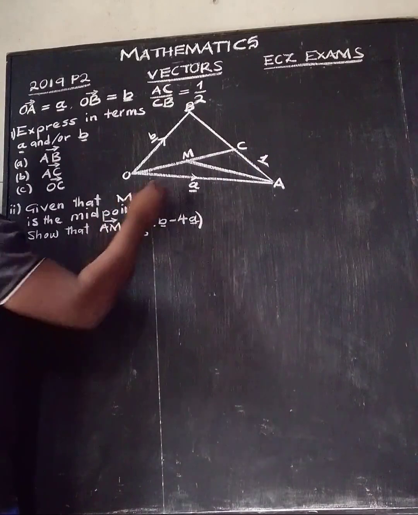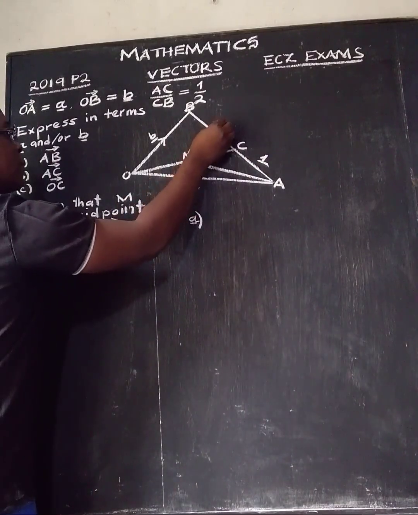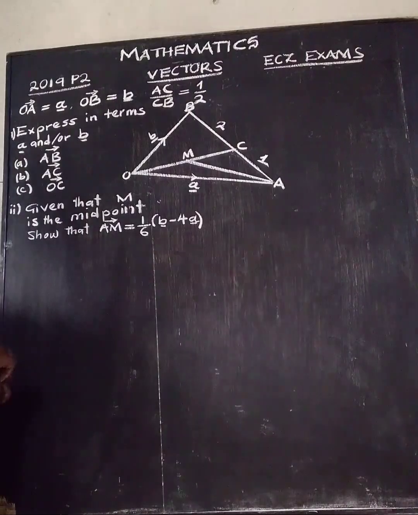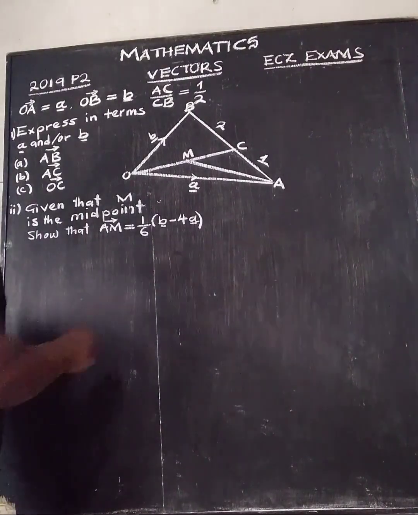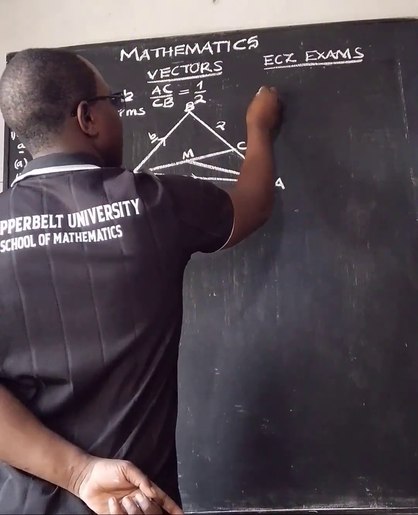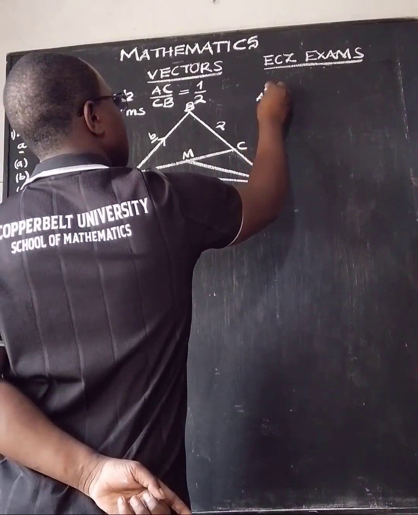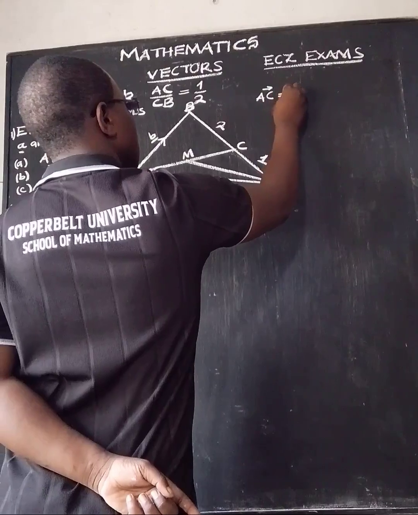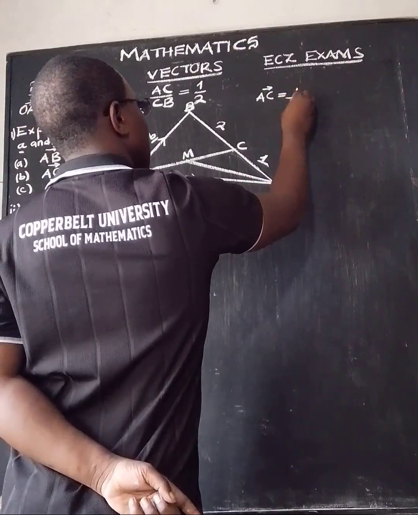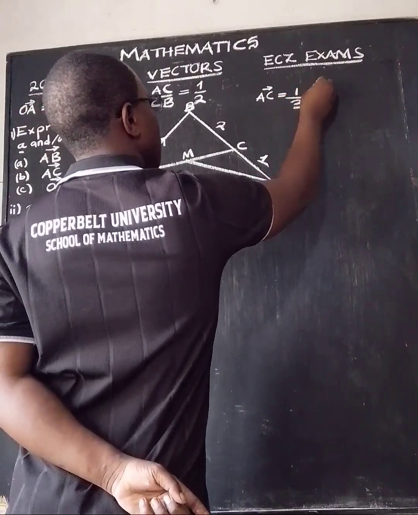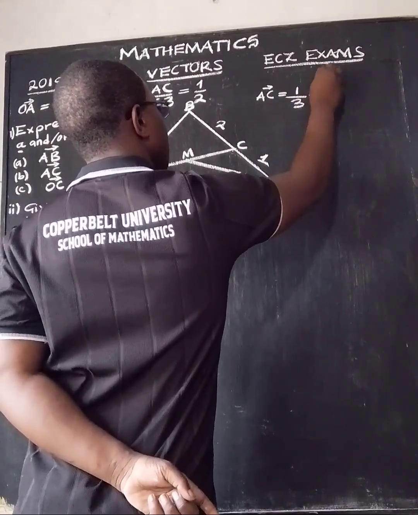Then CB is 2. So what this means is AC is equal to 1 over 3 of AB.